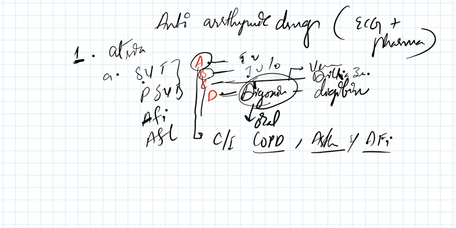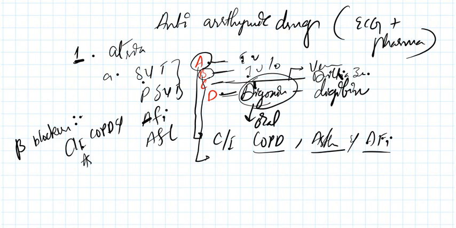Beta blockers, what are the side effects? Beta blocker side effects are very simple. Previously I think we heard, right? Beta blockers are contraindicated in COPD and asthma. Can anyone tell me why? Why are beta blockers contraindicated in COPD or asthma? Simple.